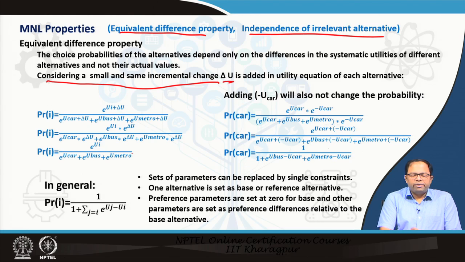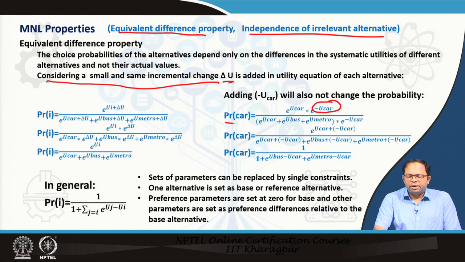In the same way, if instead of adding delta u we add minus u car into this equation, this will result in e to the power u.